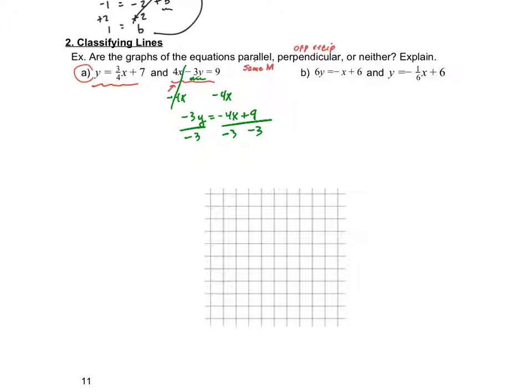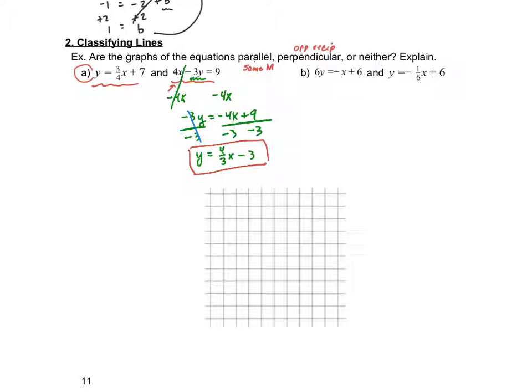And when you divide one side, you must divide the entire other side. So -3 over -3 becomes 1. So I have y is equal to, negative over negative becomes a positive, 4/3x minus 3. 9 over -3 is going to be -3. So here's my second equation in slope-intercept form.